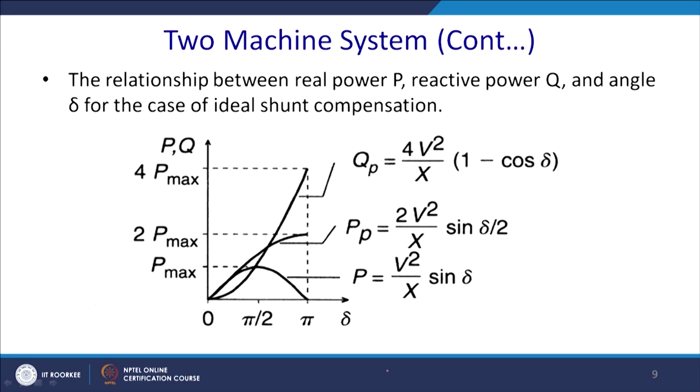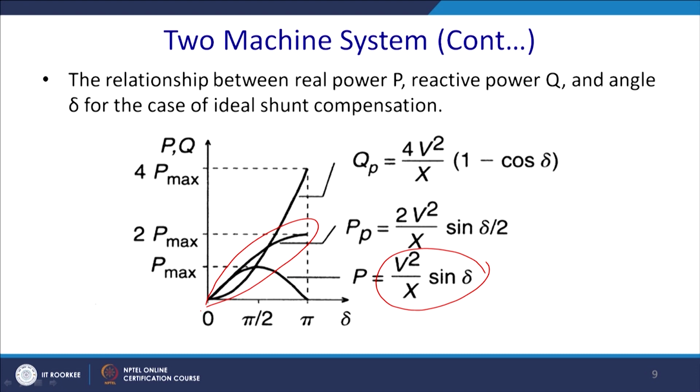In the normal fashion, this value will be V square by x sin delta, and with the midpoint shunt compensation, this value will be 2 V square by x sin delta by 2, and ultimately this will be the curve.